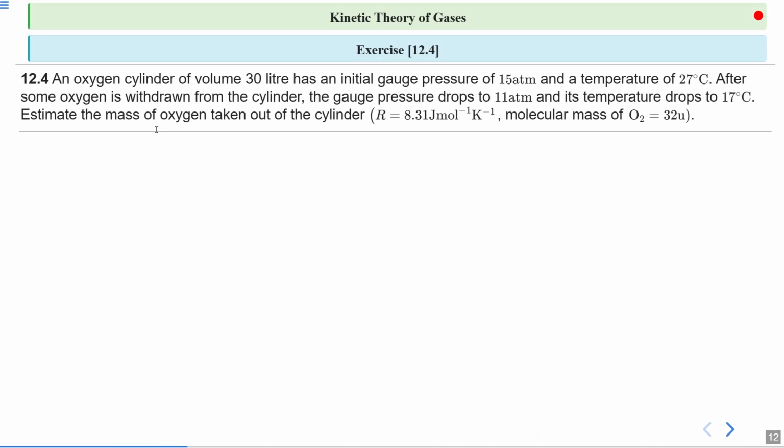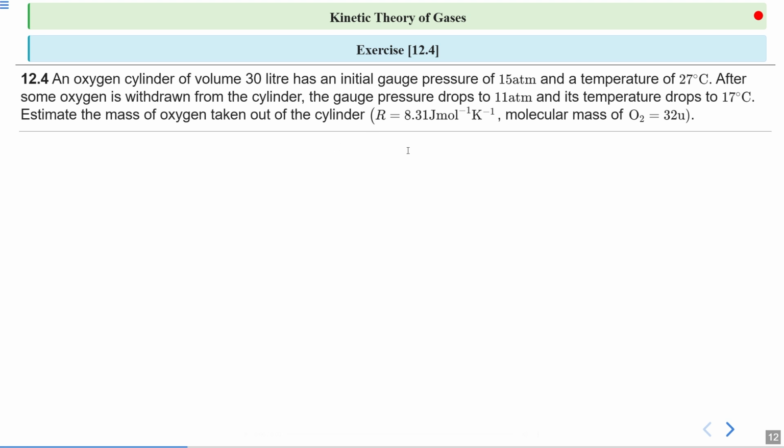An oxygen cylinder of volume 30 liters has an initial gauge pressure of 15 atm and a temperature of 27 degrees Celsius. After some oxygen is withdrawn from the cylinder, the gauge pressure drops to 11 atm and its temperature drops to 17 degrees Celsius.